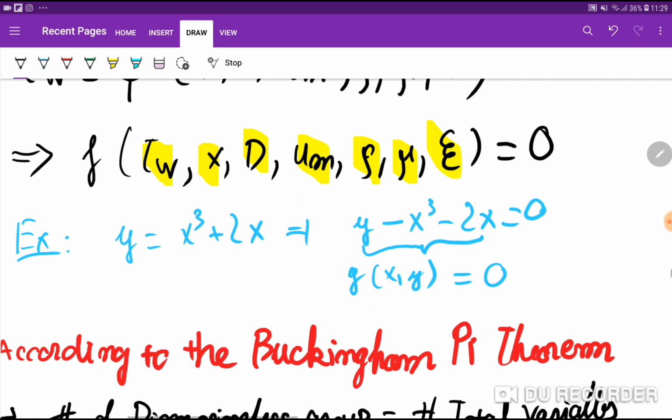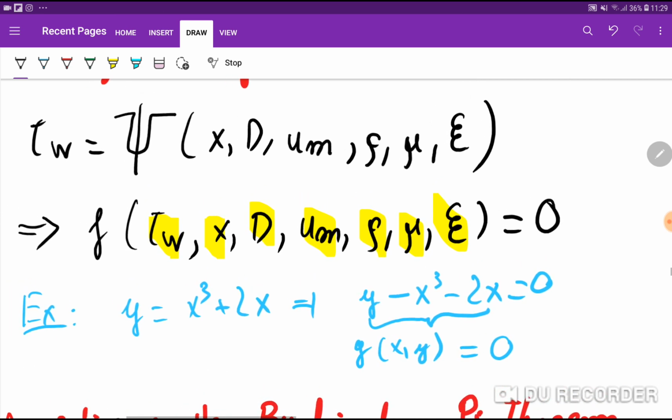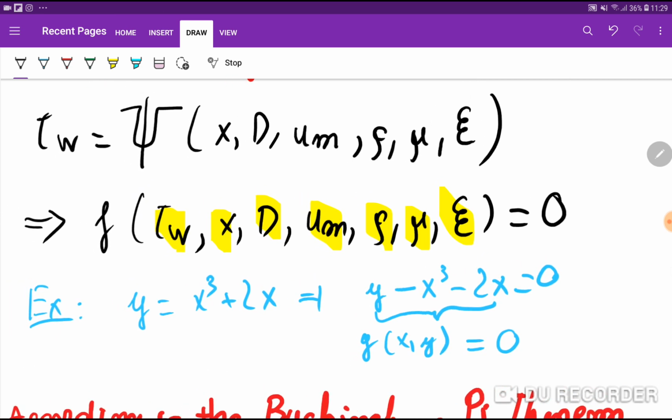We have 7 variables in total: tau w, x, d, rho, mu, and epsilon. The primary quantities are the ones we determined in the previous video. Let me draw a circle over them: rho, d, and mu. So our numerator can be tau w, x, and epsilon.